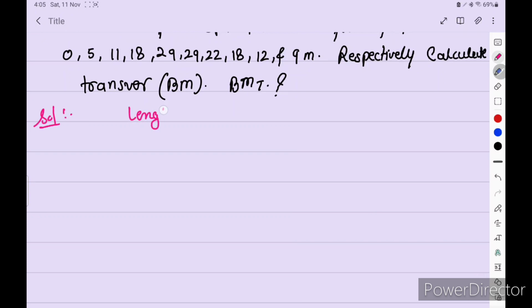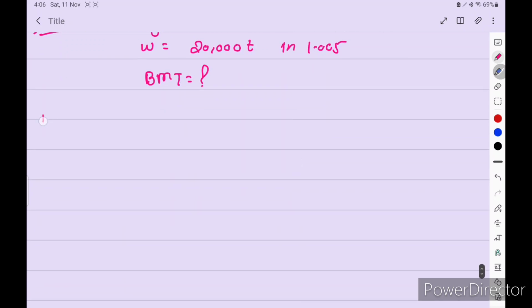But there is one trick. Length is 180 meter given, displacement is given 20,000 ton, density 1.005, and we need to find BM transverse.